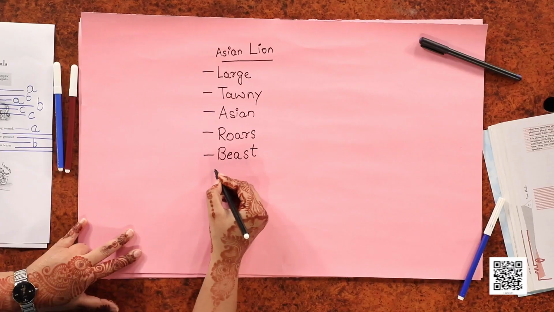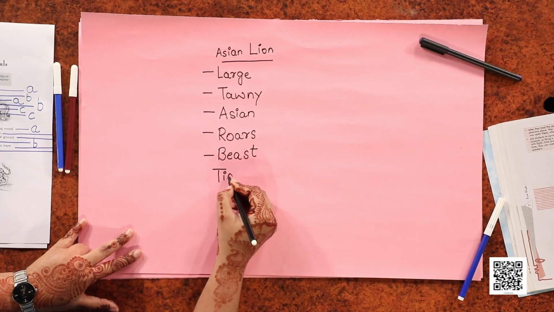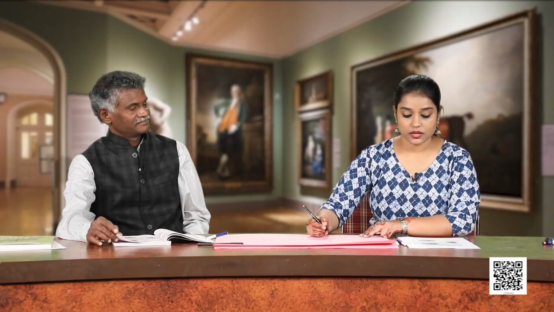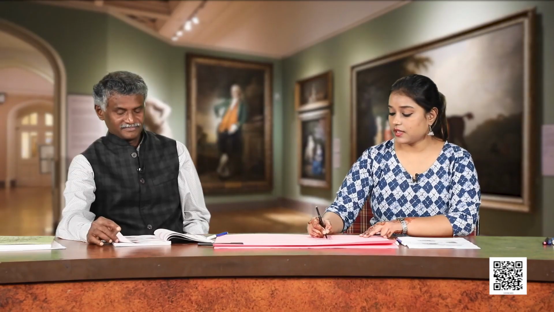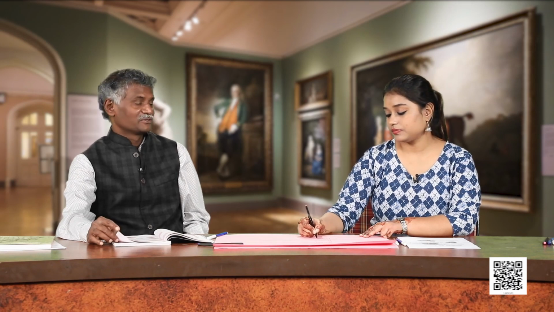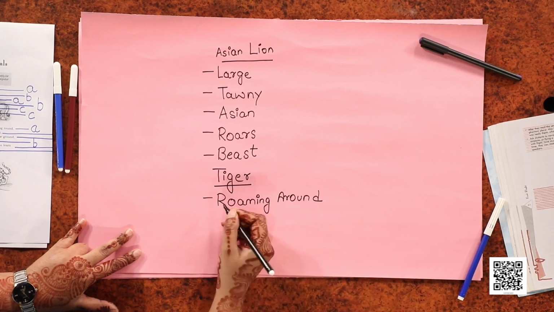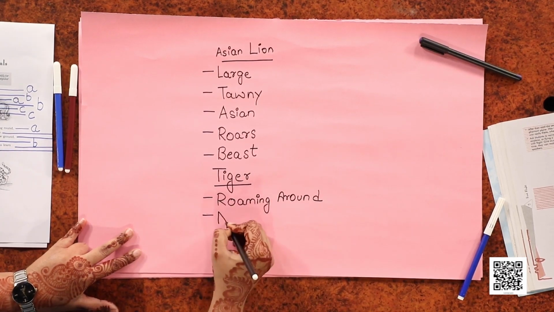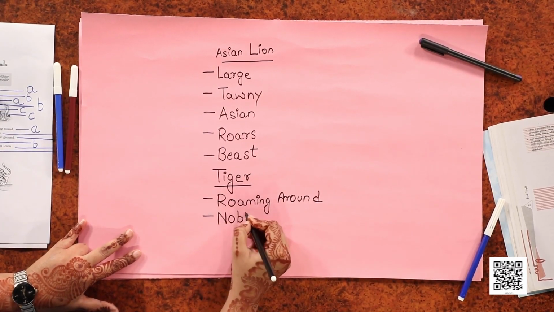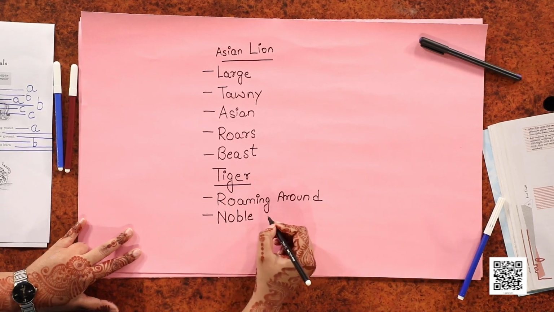Bengal tiger. Sir, firstly, they are roaming around. They roam around. That means generally tigers roam around more than lions. Then noble wild beast.